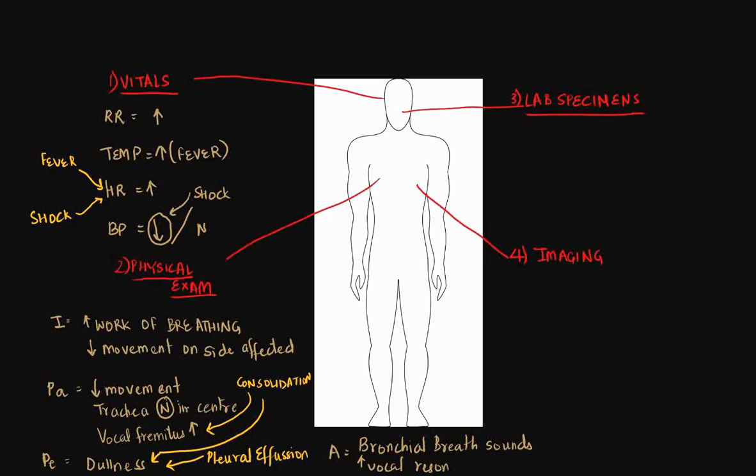We may find bronchophony, egophony, pleural rub, rhonchi, and crepitations. Now fine crepitations are usually heard in the stage of congestion and coarse crepitations are usually heard in the stage of resolution.